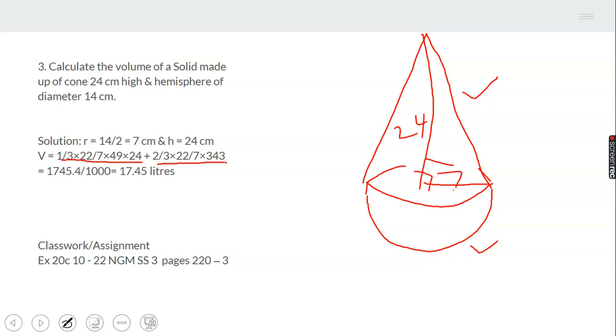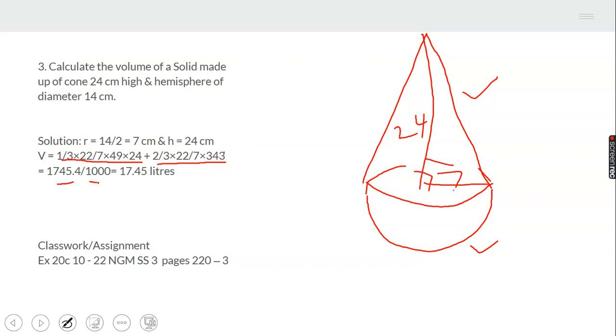R cube is 7 times 7 times 7, which gives me 343. Getting the total now will give me 1,740 centimeter cube. Now, because we want to convert it to liter, we divide it by 1,000.